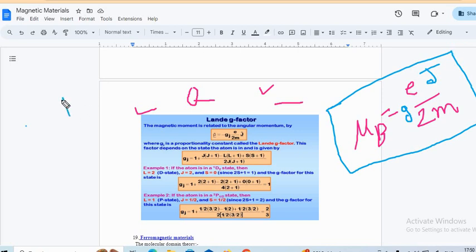You can easily get the total number of moments times the individual moment. If you multiply these two, this will give you the magnetization in the system. Then one can easily get a relation, magnetization by H, obviously either H or B, whatever you are using. This is equal to the susceptibility. One can get the idea about the susceptibility.